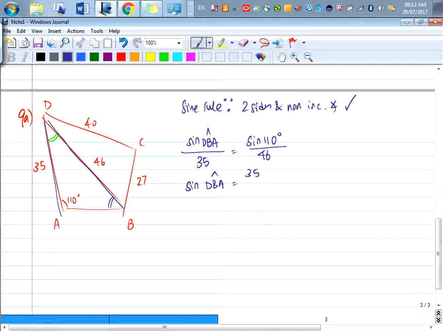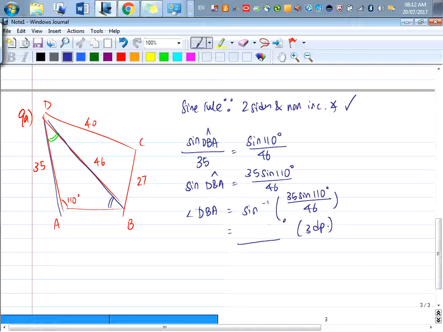It equals 35 sine 110 degrees over 46. Meaning I can find my angle DBA equals sine inverse of 35 sine 110 degrees over 46, all this without calculation. Then you will get a value of something degrees to 3 dp.